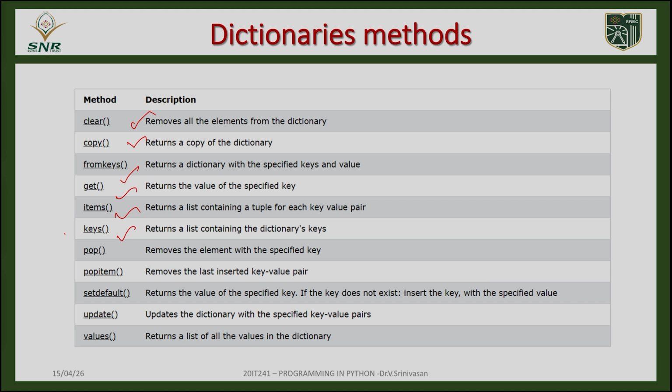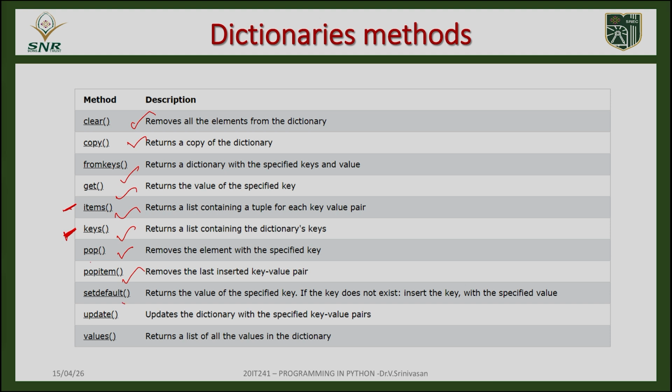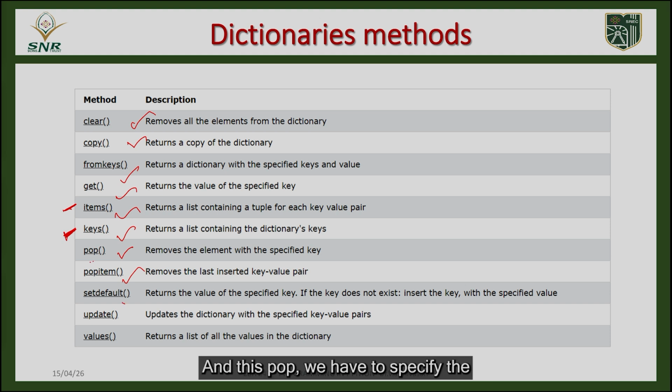Here all the keys will be retrieved, and here the values will be retrieved. Pop means it removes the element with the specified key. Popitem removes the last element. For pop, we have to specify the key, so from that key the value will be removed.